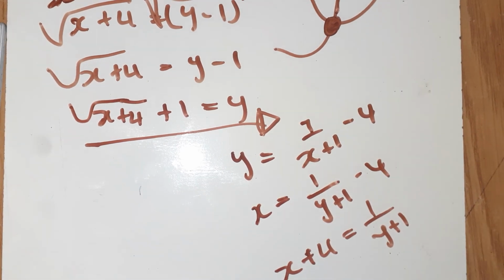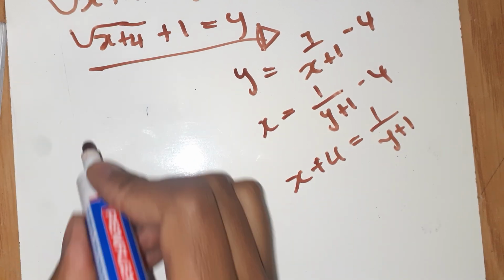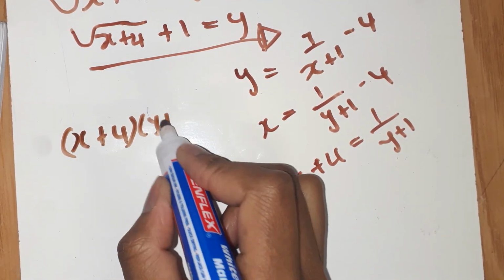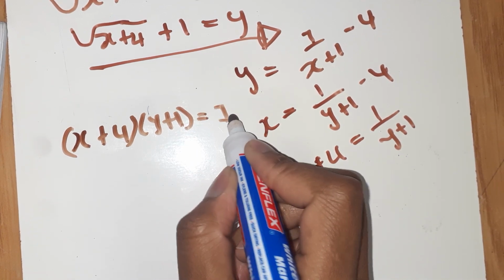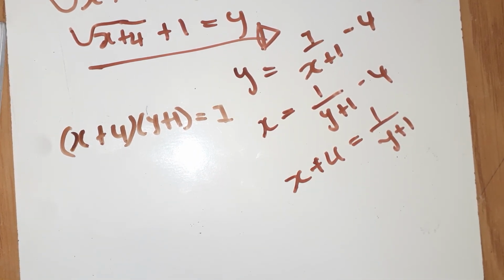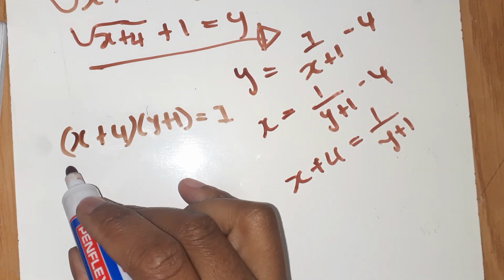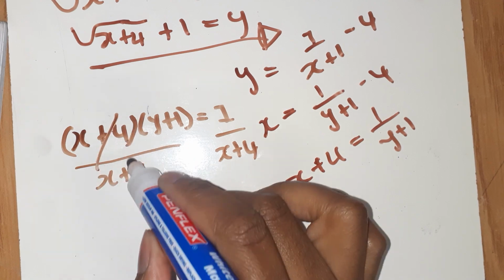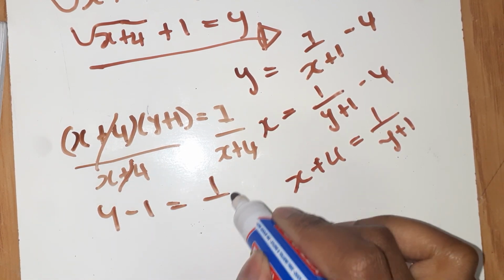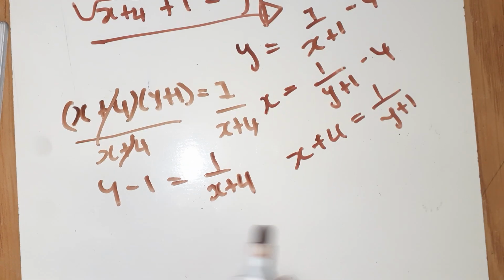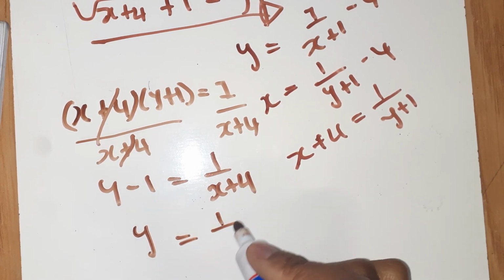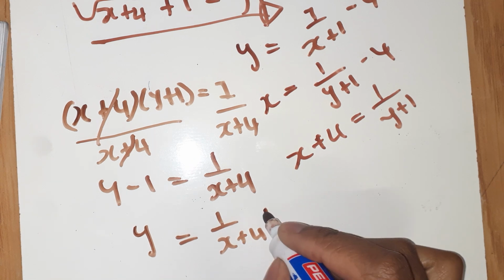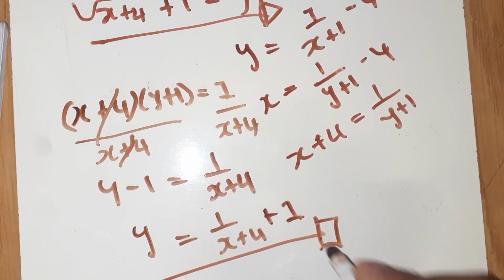So we will have x plus 4 times y plus 1 equals 1 when we cross multiply. So we'll divide both sides by x plus 4. That will cancel. y minus 1 equals 1 over x plus 4. So we'll have y equals 1 over x plus 4, it was minus, so it will be plus 1. So this is the new equation.